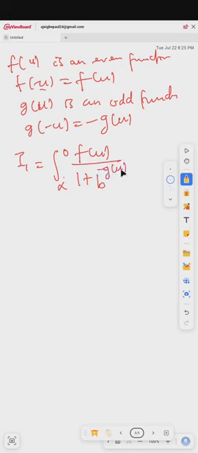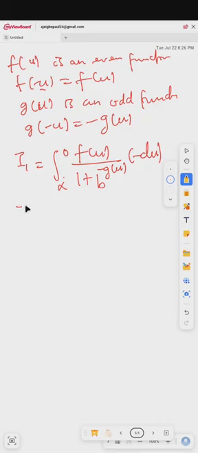So instead of writing g of minus u, you write minus g of u, then we have minus du. Then don't forget, if you have an integral like this and you're having negative du, you can switch the limits, then this negative sign will move out.